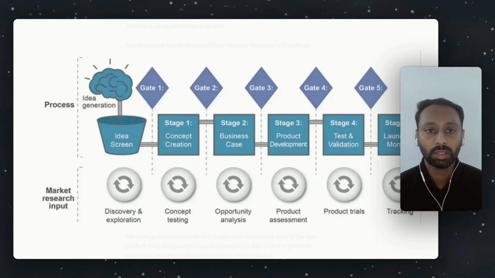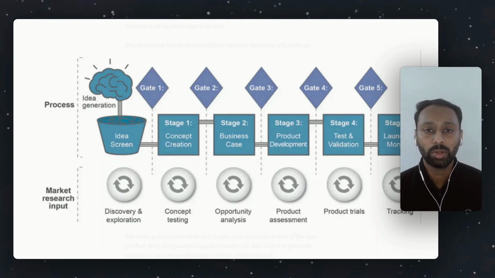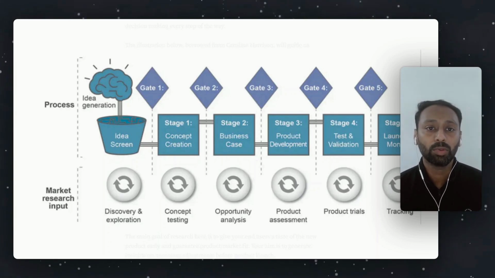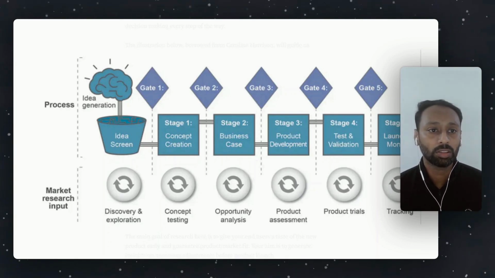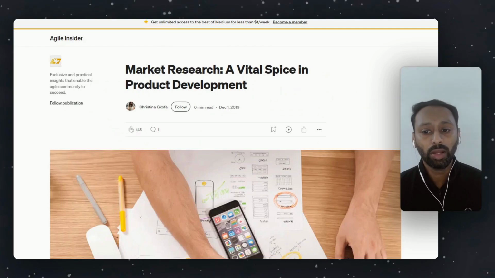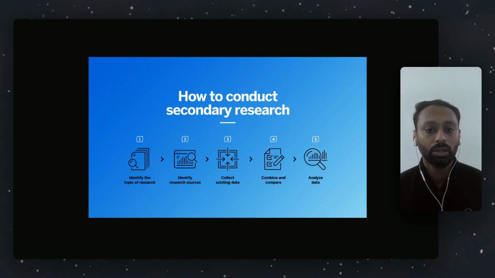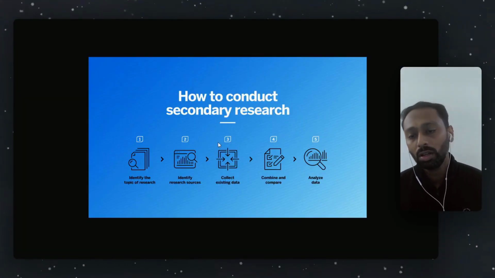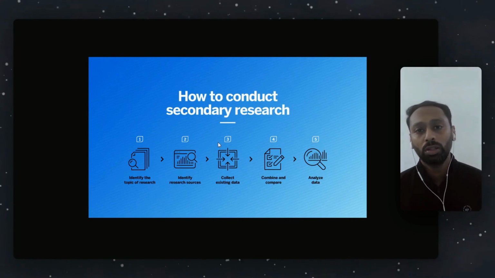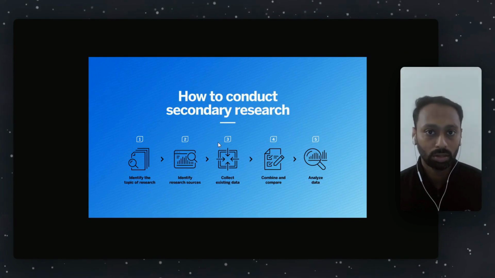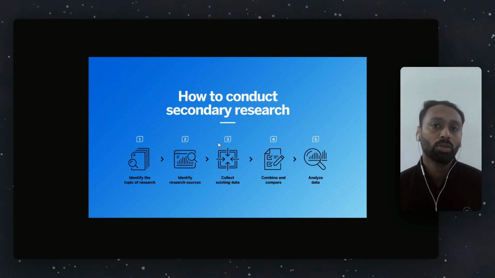So that being said, let me introduce you to a tool today which would help you in the market research process. Before that, let me quickly give you an idea of how you should think about market research, right? What are the different steps you should think about?